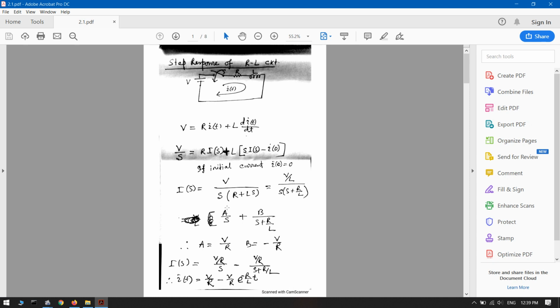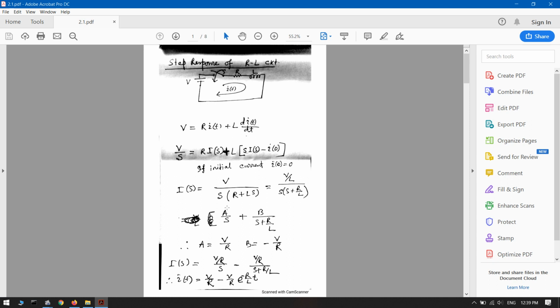So now we are assuming I of 0 equal to 0, meaning that before closing the switch, the current flowing through the circuit was 0. But if some current was flowing, then we have to include that value here and solve. So now we are not considering the initial current.